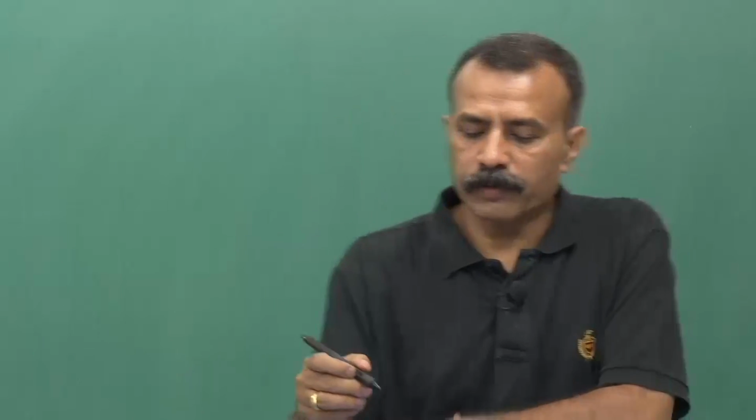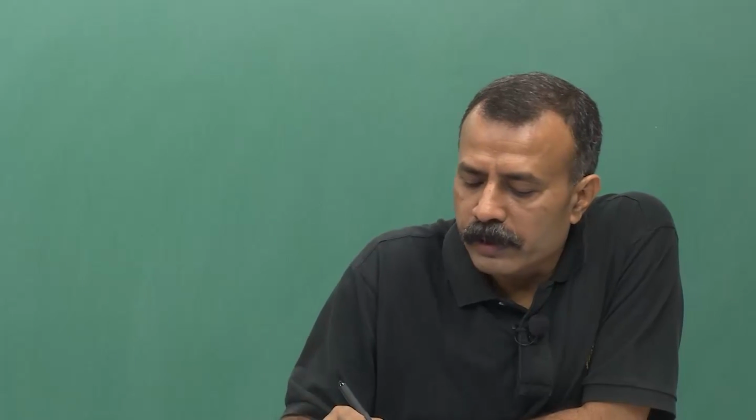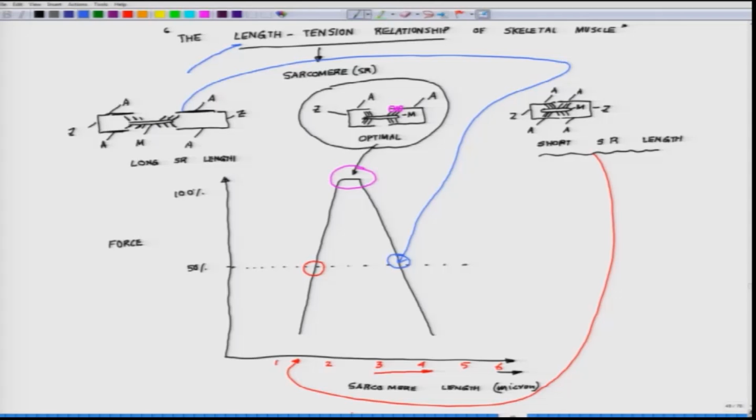So, this optimal length of sarcomere and the force generation brings us to the concept of, in brief, the length tension relationship of the muscle, and it is extremely important that you understand this particular part, that the sarcomere length is a function of the force, how it works.